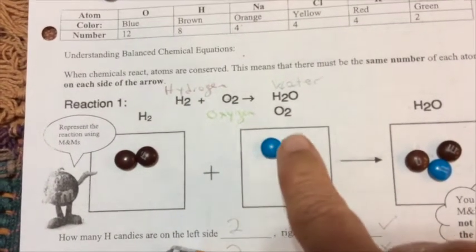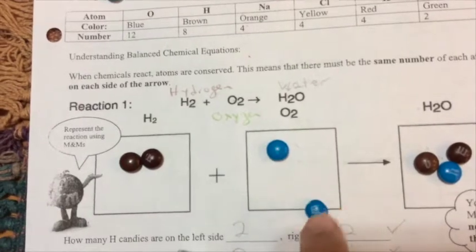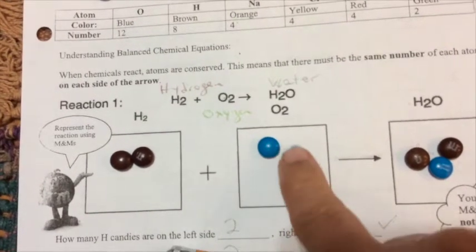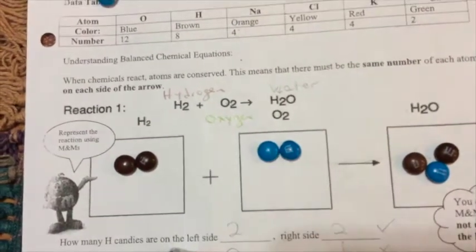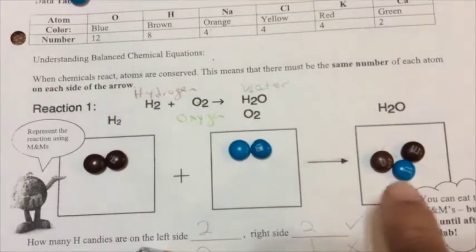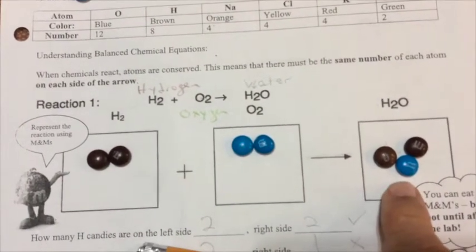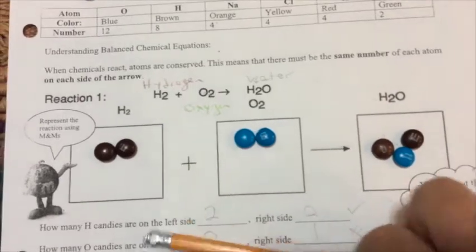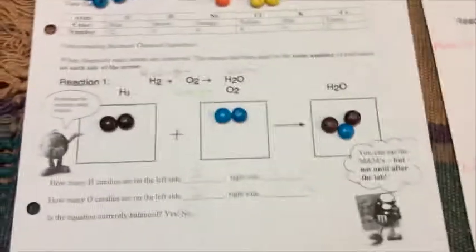We didn't destroy this atom of oxygen. It was still there. So what could we do so we still get water? Well, we can balance our equation.